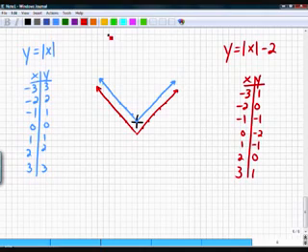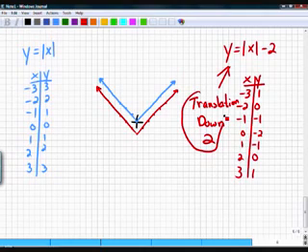We took our parent function and we moved it how far? 2 spots, right? This is your child. I'll put an arrow toward it. It is a translation down 2. That's how I want you to describe it. Whenever it says describe the transformation, that is a translation down 2.